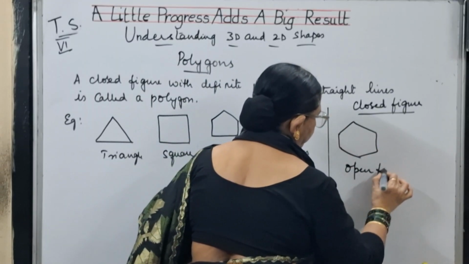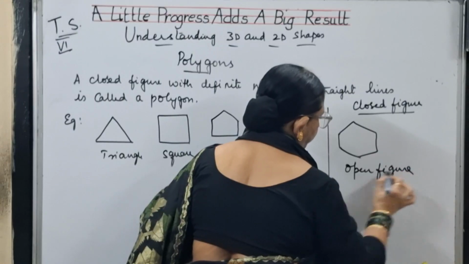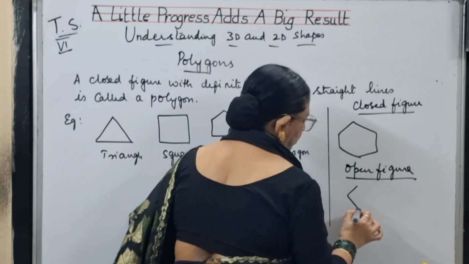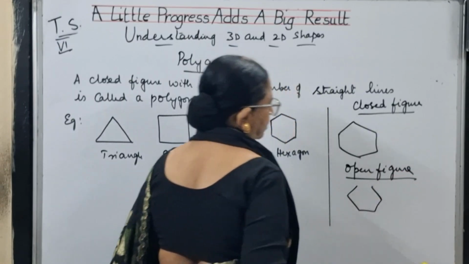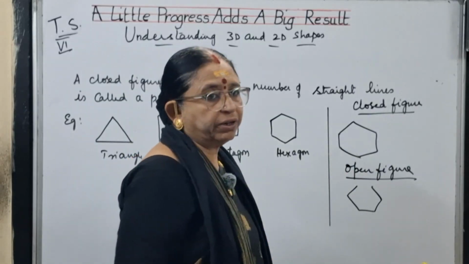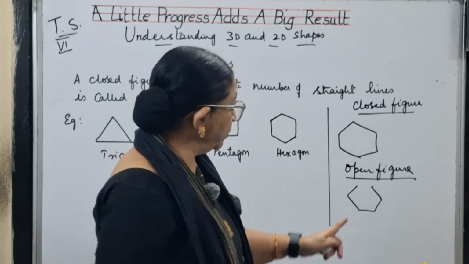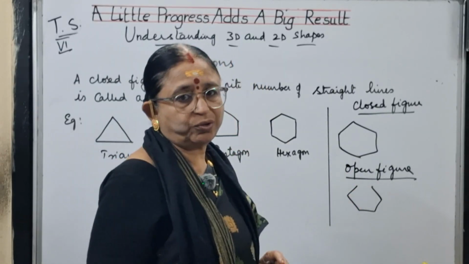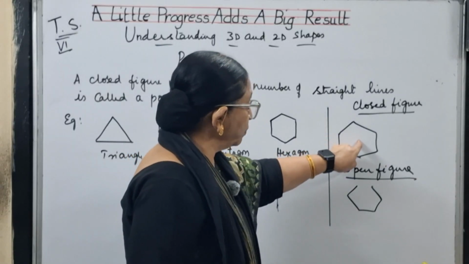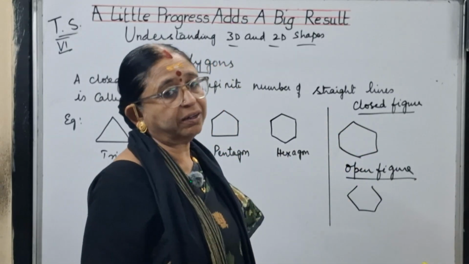Open figure. What is an open figure? Suppose you have got a figure like this. This is called an open figure. Why is it called an open figure? Because edges are not closed. This is called a closed figure because all the edges are closed.